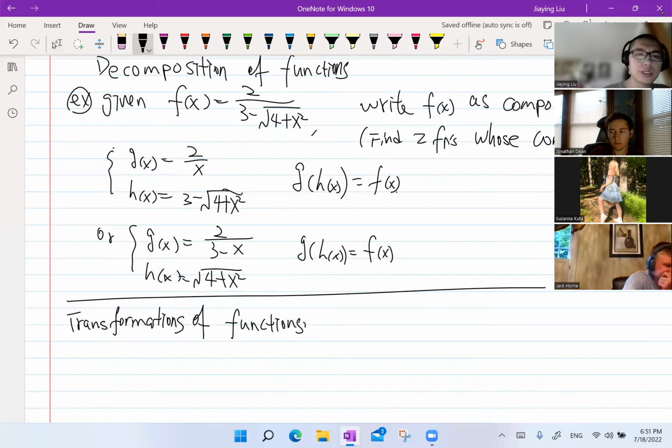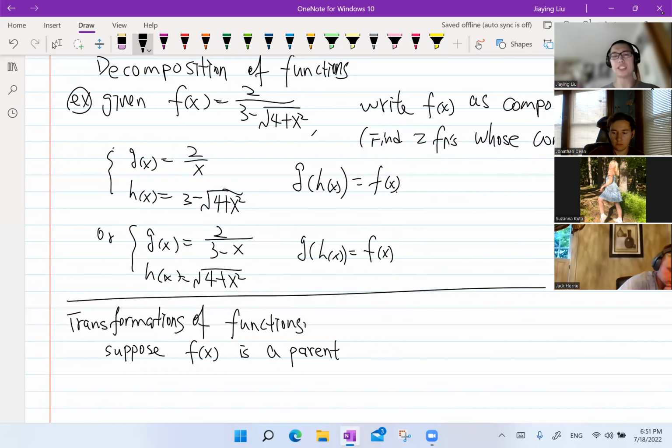So suppose f of x is a parent function. A parent function means a function that's like the most basic function, like x squared, square root of x, 1 over x. Those are usually called parent functions.